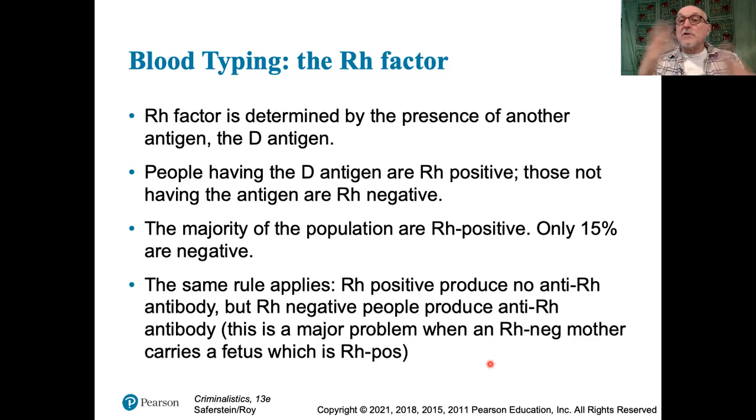It used to be a tremendous problem. Nowadays, it's not a huge problem. It's been established well in advance, and the infant will be given a complete blood transfusion as soon as they are born to remove the mother's antibody, and the child will be on its way.